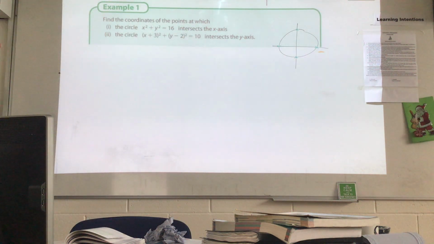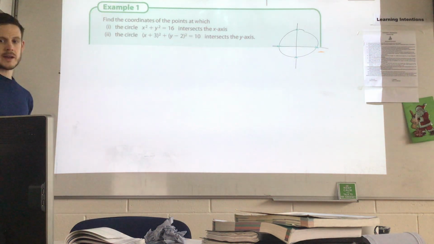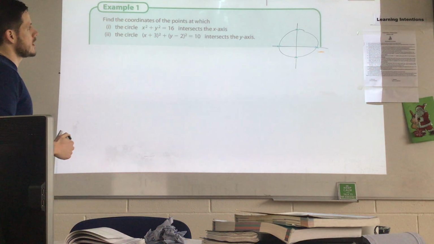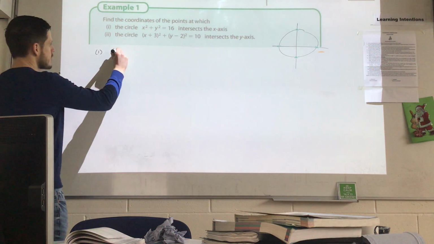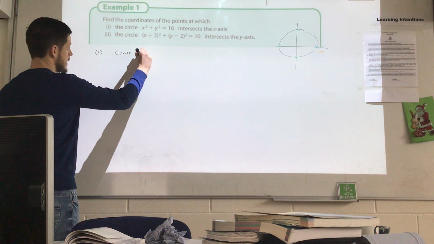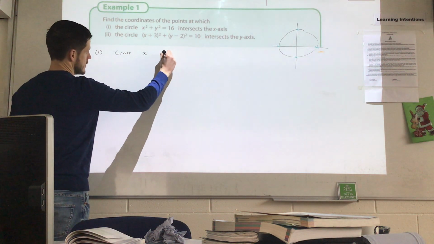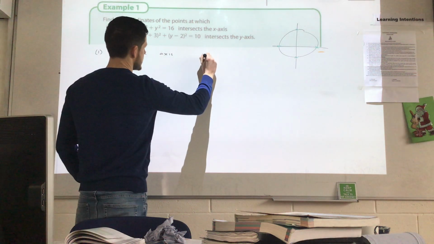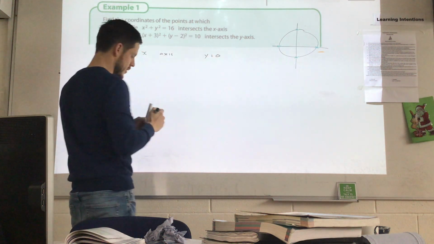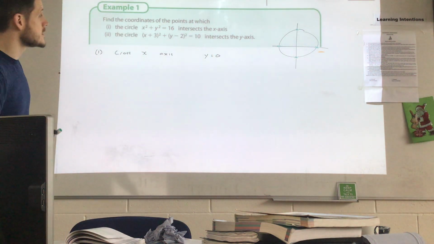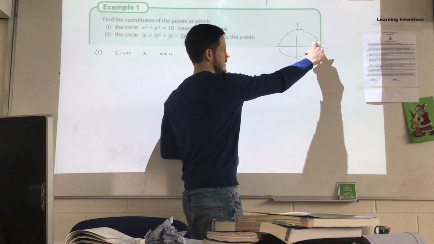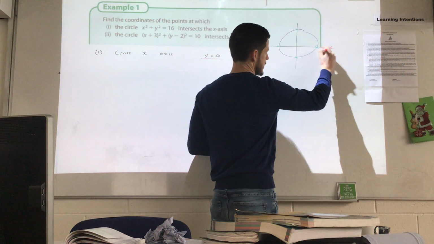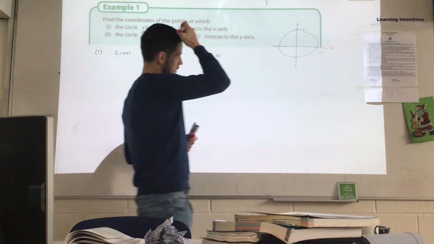But if you can't do it in your head, I'm going to give you a little system about how to do it. So for part 1, when we cross the x-axis, y is equal to 0. That's the rule. If we cross the x-axis here, remember this is my x-axis, it doesn't go up or down, so y is going to be equal to 0.